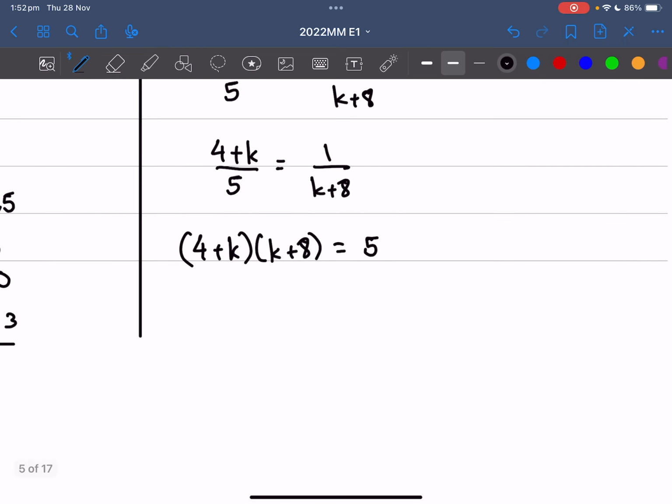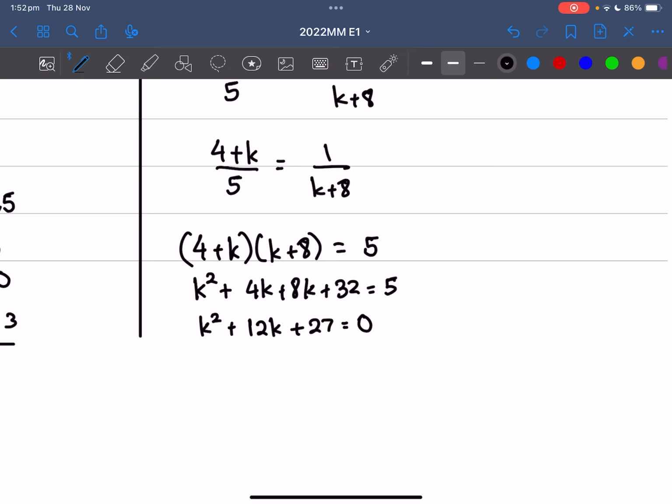So then we'll have k squared plus 4k plus 8k plus 32 equals 5. So we'll have k squared plus 12k, and 32 minus 5 is 27, so plus 27 equals 0.